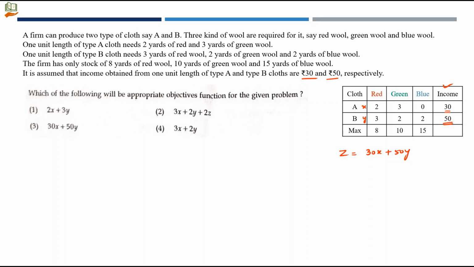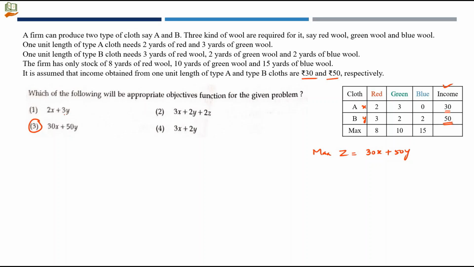This will be a maximization problem because you have to maximize the income. The company has to maximize its income based on the stock it has. So here this will be a maximization function. Option number 3, 30x plus 50y, will be the right answer.